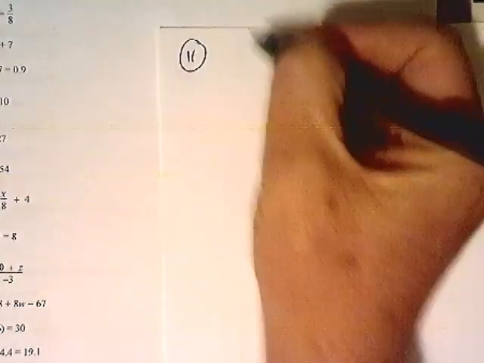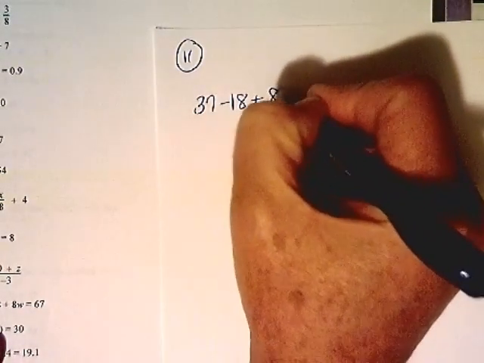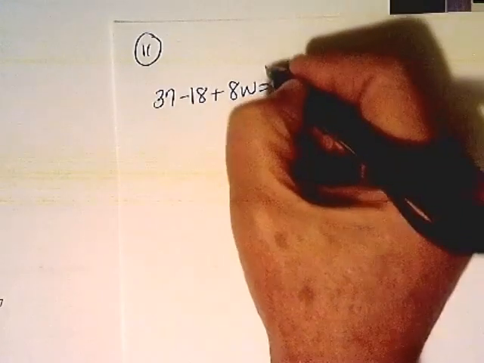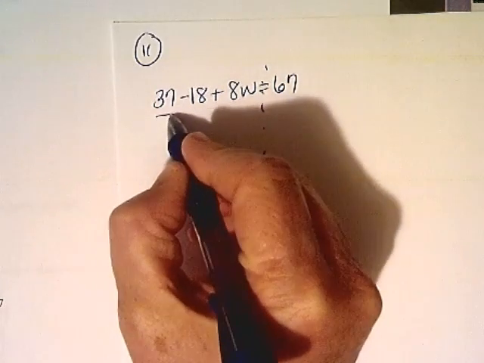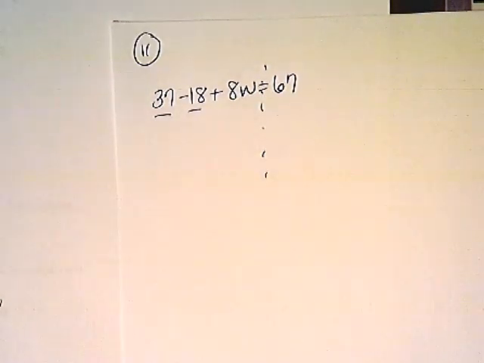Number 11 says 37 minus 18 plus 8w is 67. Before you start this problem, you need to combine like terms. 37 minus 18.